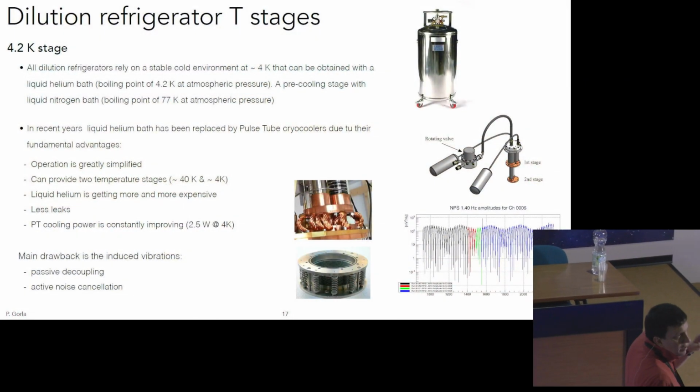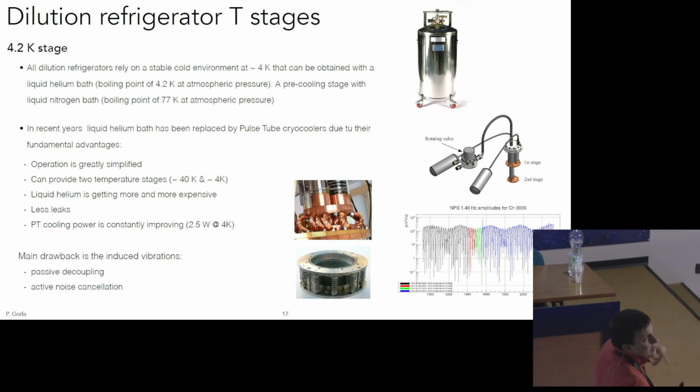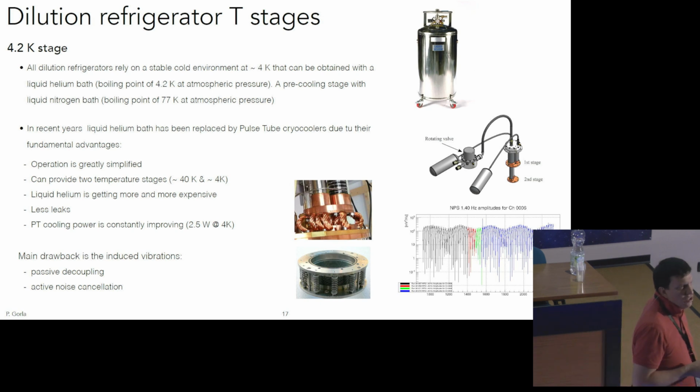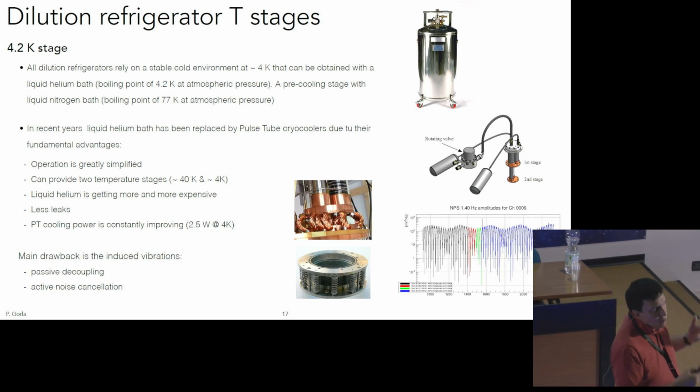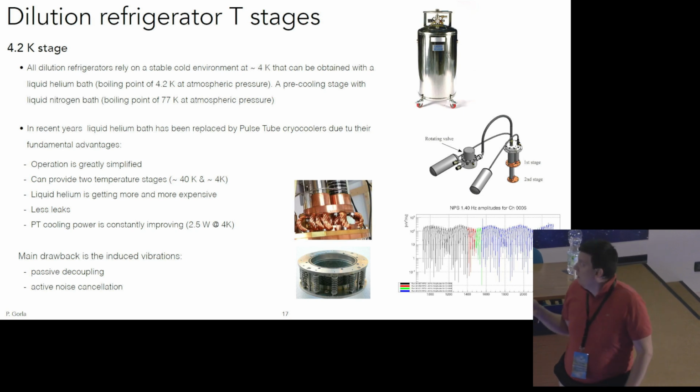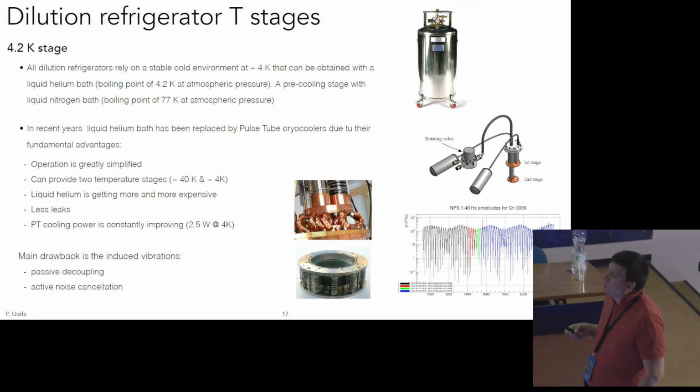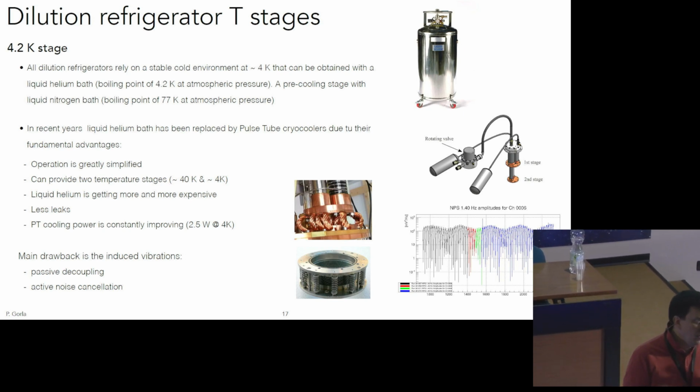Also in this case, most of the technology is about the thermalization of the double stage and the fact that you inject in the second tube gas that is pre-cooled on the first stage, and this allows further cooling. So with single stage pulse tubes, you get to temperatures which are in the 40 to 30 Kelvin range, maybe slightly lower, but with double stage, you can reach something of the order of 1.5 Kelvin, depending on the cooling power that you need.